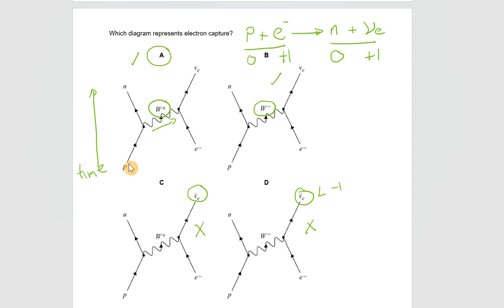We're starting off with a positive charge from the proton, and the neutron on this side ends up with no charge, so the positive charge is being carried away. So yeah, A is correct. It wouldn't work with the negative charge being carried away because the proton doesn't have a negative charge, so that one is not correct.